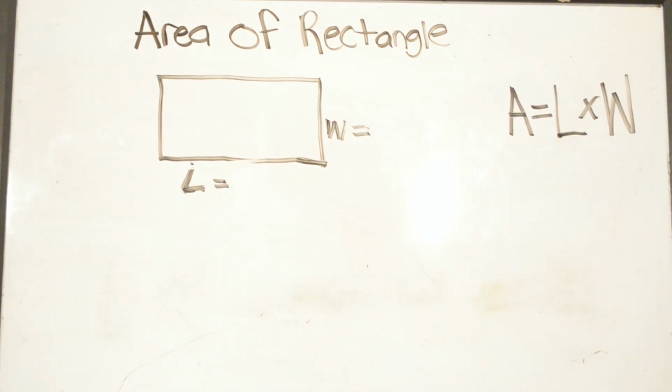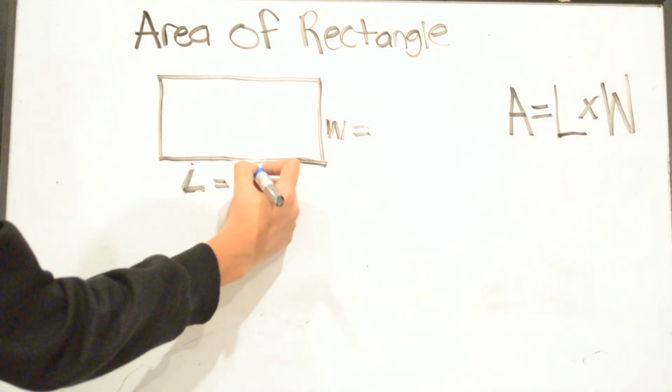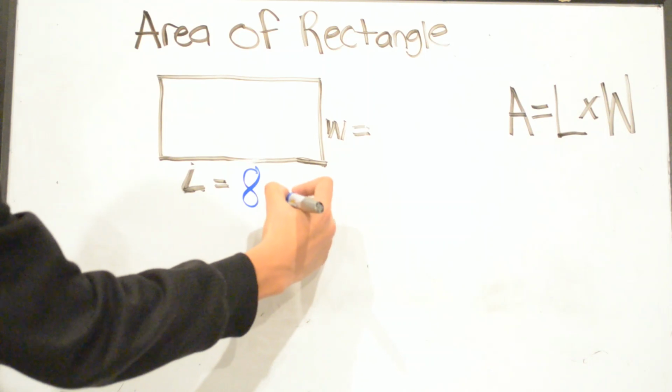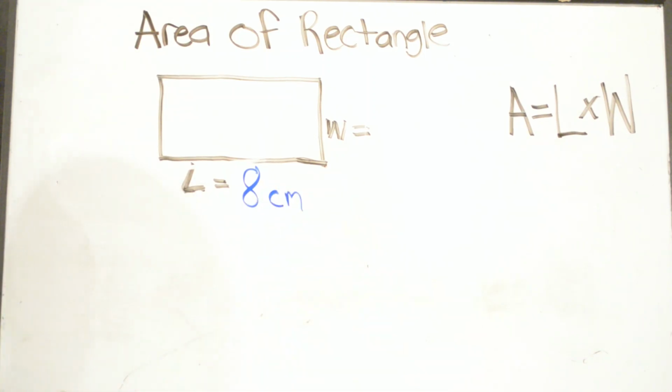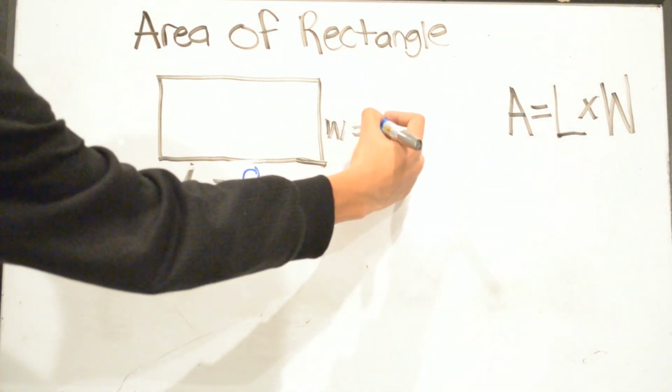Another example for area of rectangle, we have our length is going to be 8 centimeters, and our width is going to be 8 centimeters.